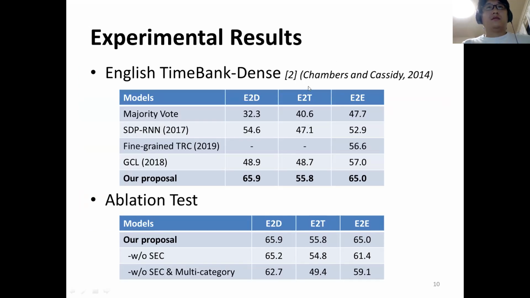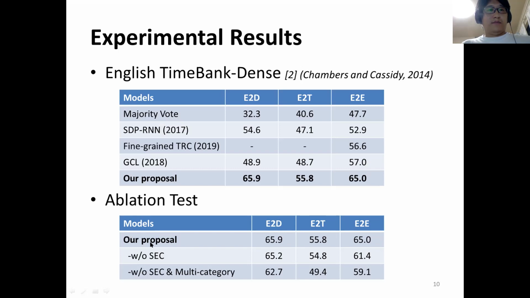So we can see the result on the English dataset first. As expected, our proposed model outperforms all the existing work by a large margin. It was expected because we adopt a stronger BERT encoder. So we did an additional ablation test to evaluate the benefits from our two proposals.